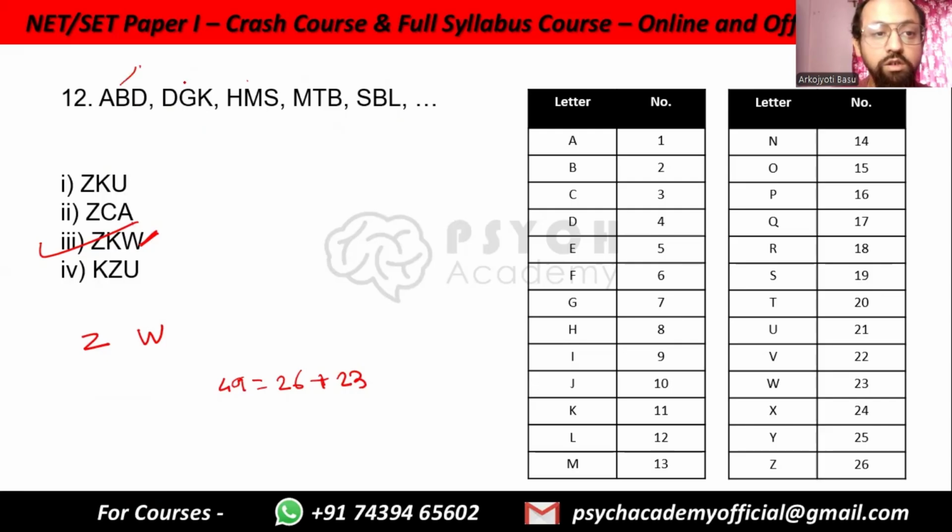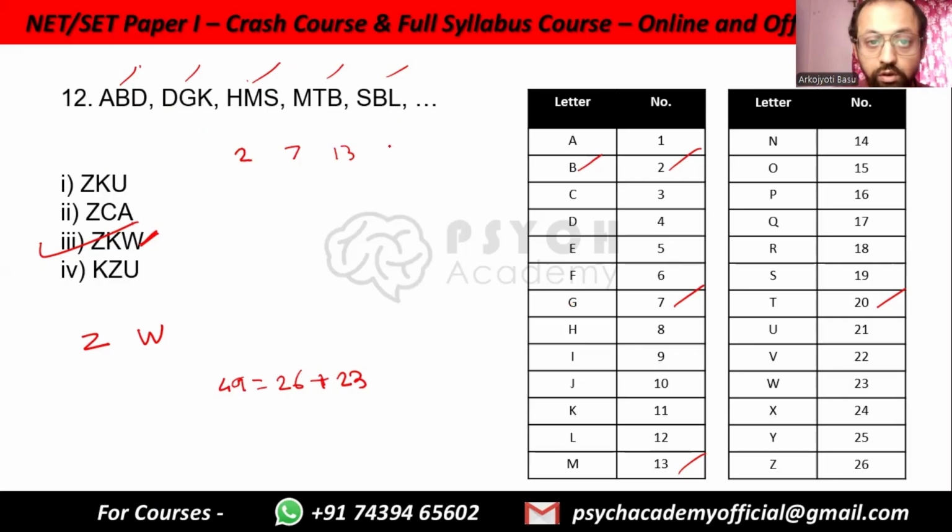B, G, M, T, B. So we have B, we have G, we have M, we have T, and we have again B out here. So we get 2, then 7, then 13.